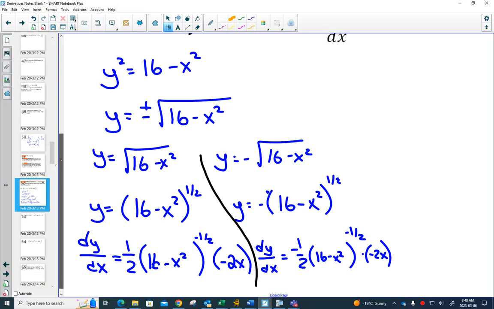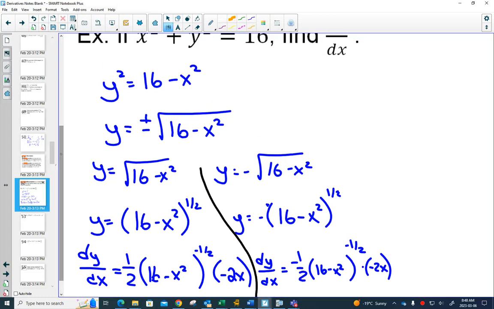Now, we were able to find the derivative because we could get y by itself. But we're going to get some equations where you will not be able to get y by itself. So what we do is we use our imagination. We say to ourselves, we can't get y by itself, but I'm sure somebody could. They're really good at math.